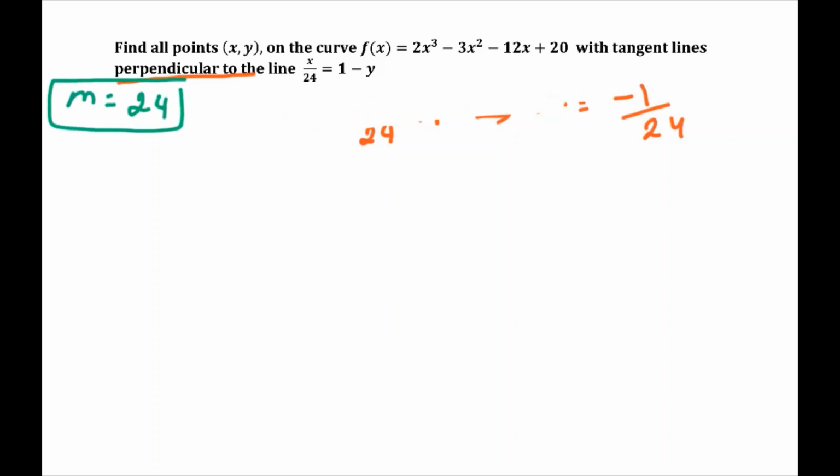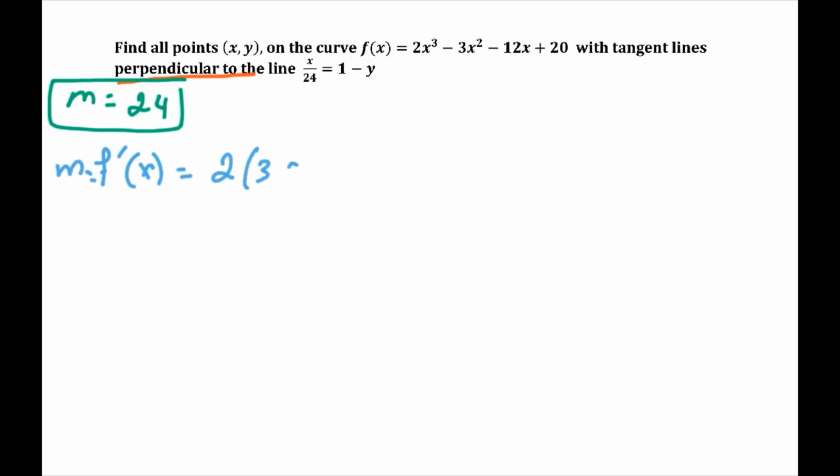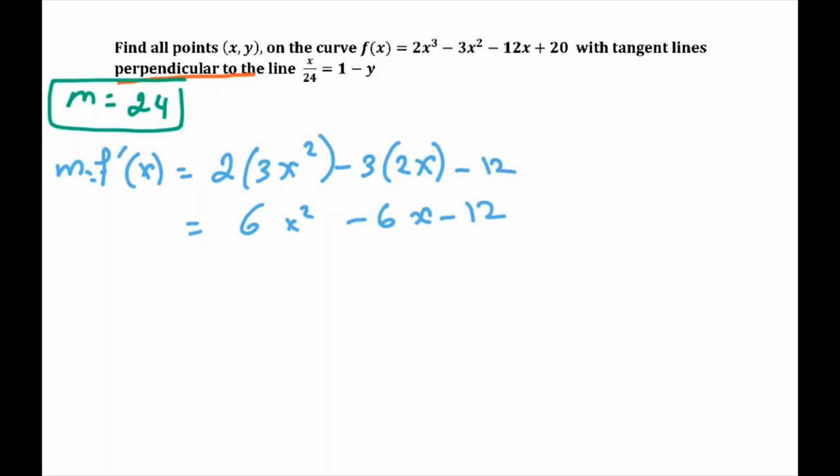Okay, so now we can start finding the derivative, which is the slope. Make it equal to 24 and then try to solve the equation.